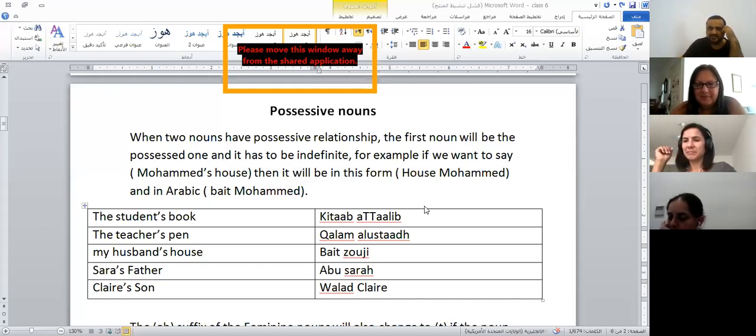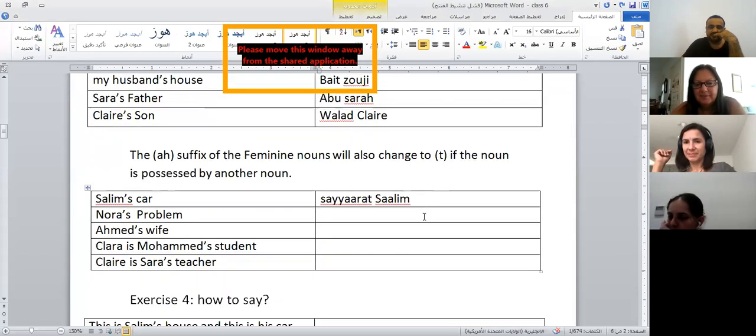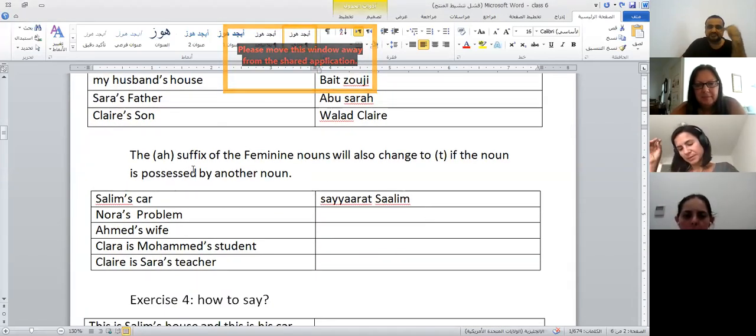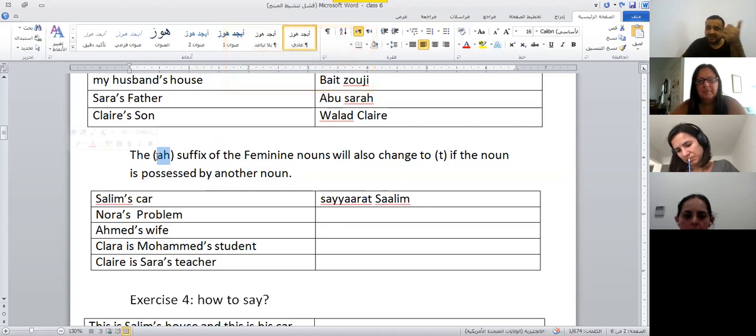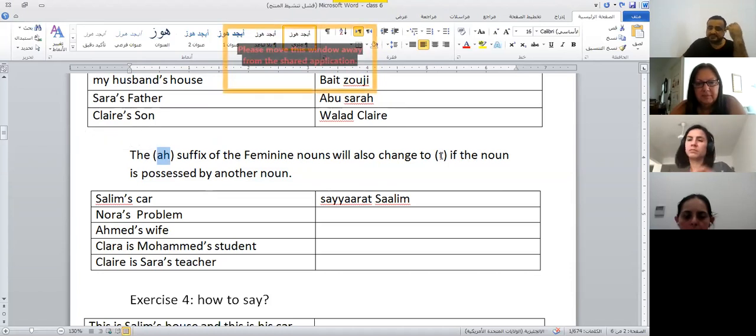Okay. Here we have some examples. If the possessed noun is a feminine noun, like سيارة, مشكلة, صديقة, whatever, then it will become at when it's possessed. Remember, any possessed feminine noun will become at.